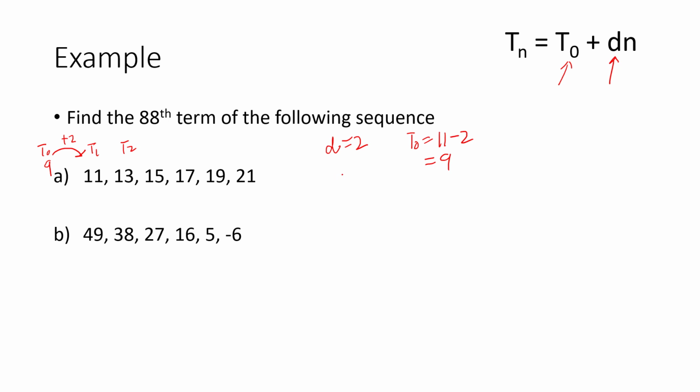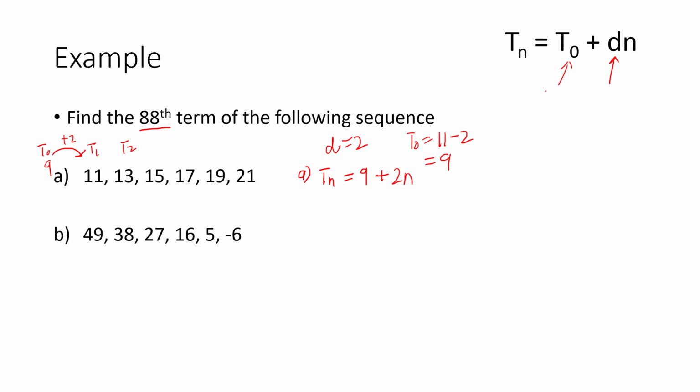So now that we know the common difference as well as term 0, we can find what is the 88th term. This can easily be done by substituting the number. So first, let me write down part A. The formula or the general term is Tn is equal to term 0, which is 9, plus 2n.